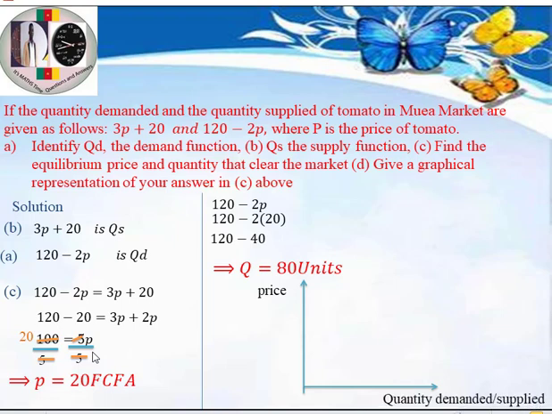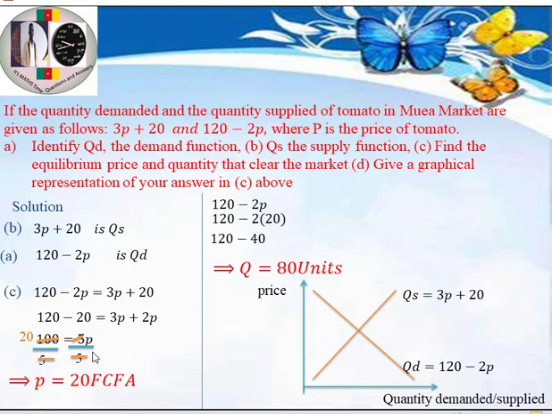We already know that the demand function always slopes downward from left to right. So we'll draw our demand function there and call it QD, the demand function, which is 120 minus 2p. And we'll draw our supply function there, which slopes upward, and we'll call it the supply function, which is 3p plus 20.